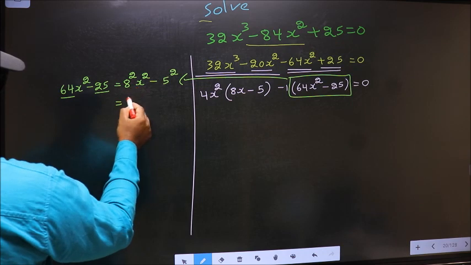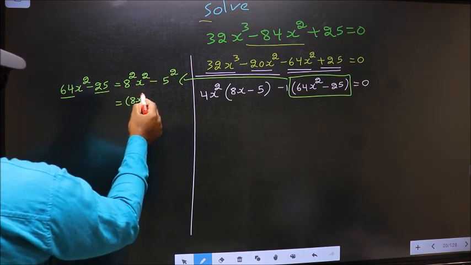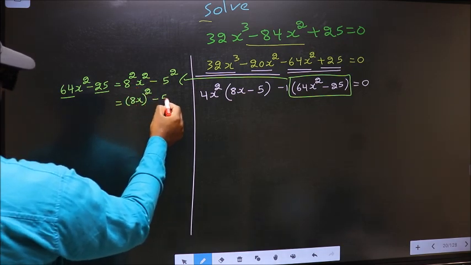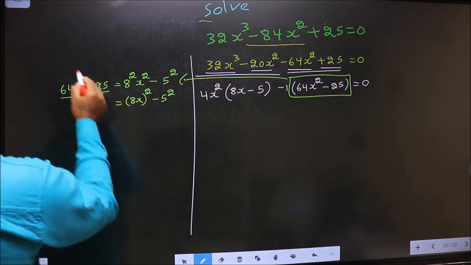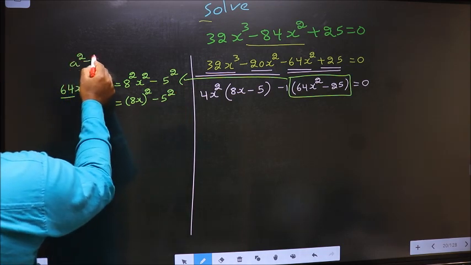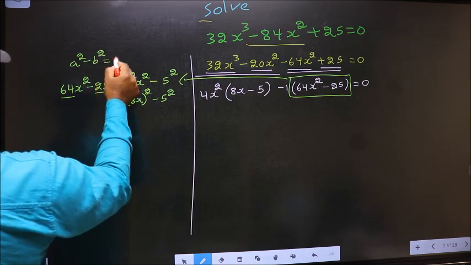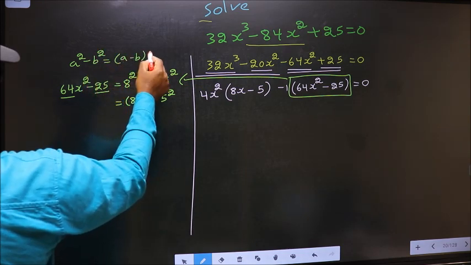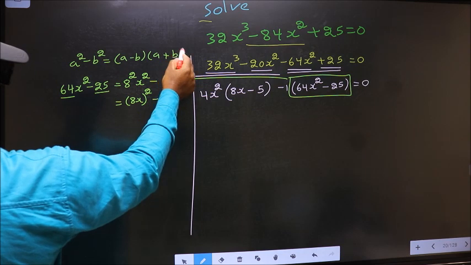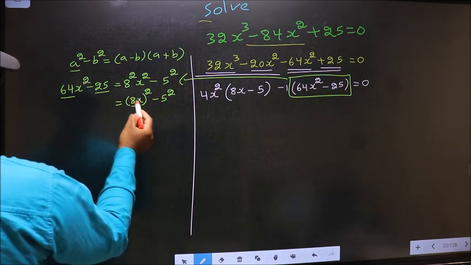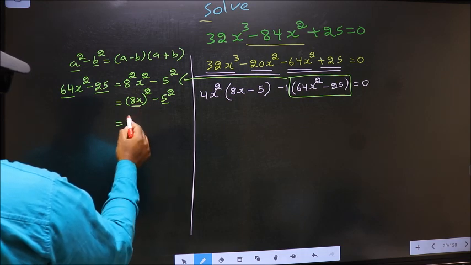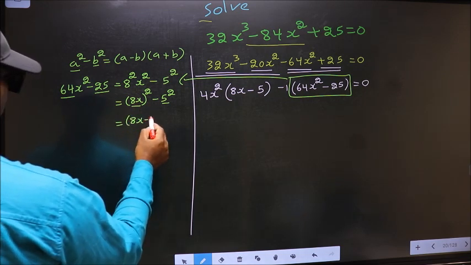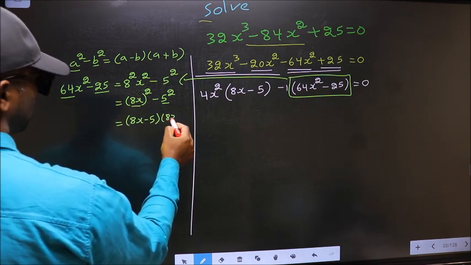Now 8 square x square is nothing but 8x whole square minus 5 square. Now on this we should apply the formula a square minus b square, that is a minus b times a plus b. In place of a, 8x, in place of b, 5. So this will become 8x minus 5, 8x plus 5.